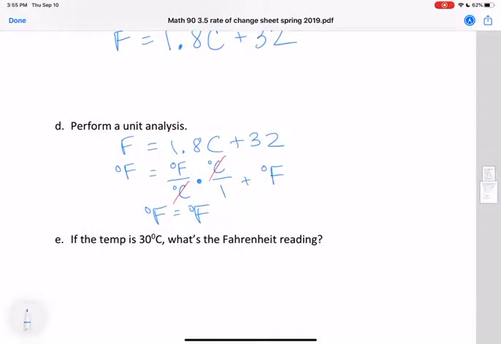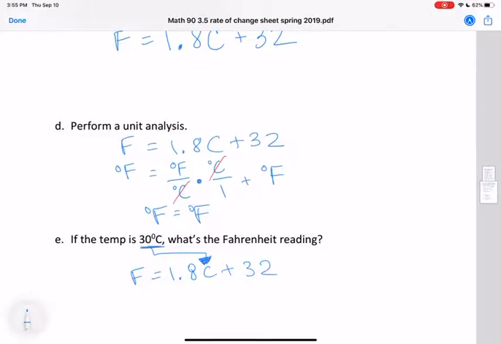Finally, if the temperature is 30 degrees Celsius, what's the Fahrenheit reading? So I'm going to write the equation. Where do you think that 30 degrees is going to go? It's going to go where the C is at. Okay, if you didn't quite make it this far, or if you didn't figure out that part, go ahead and hit pause now and see if you can finish it off.